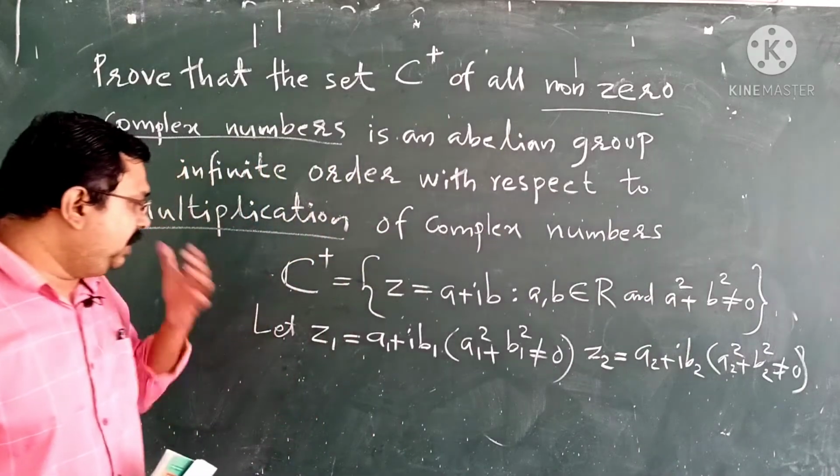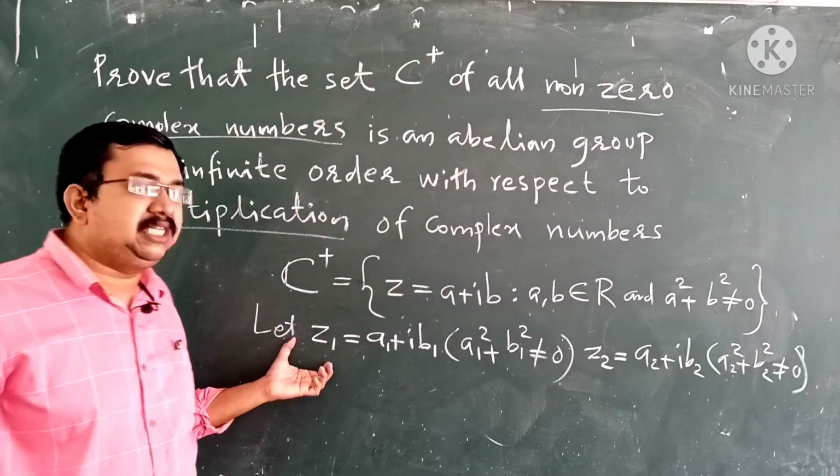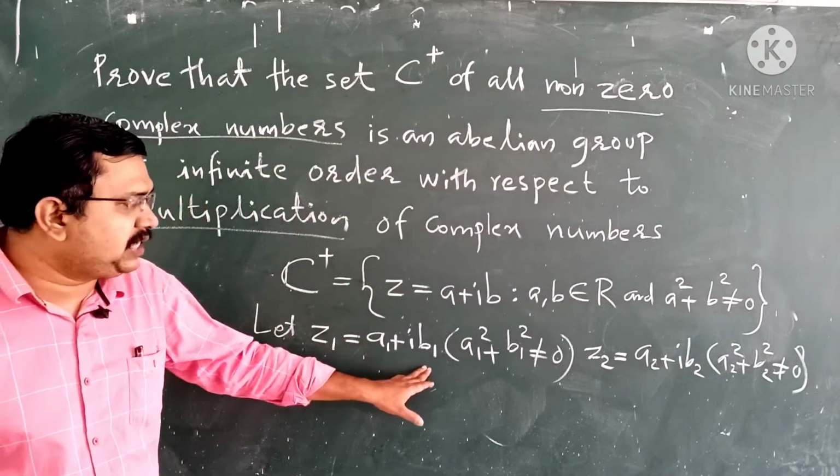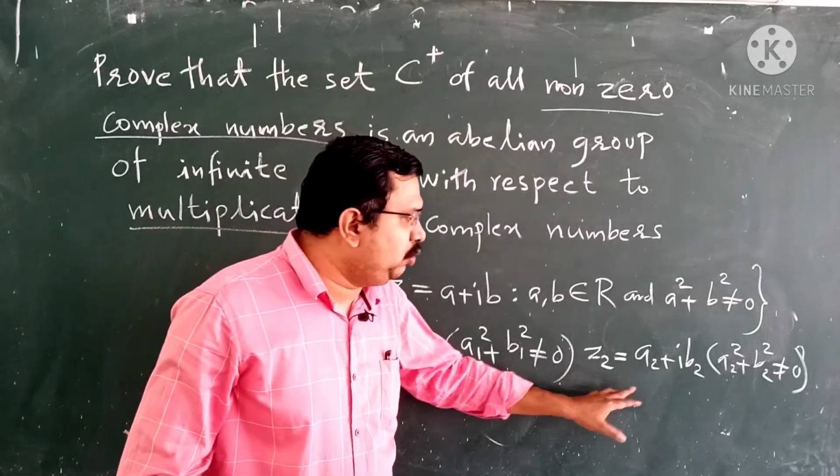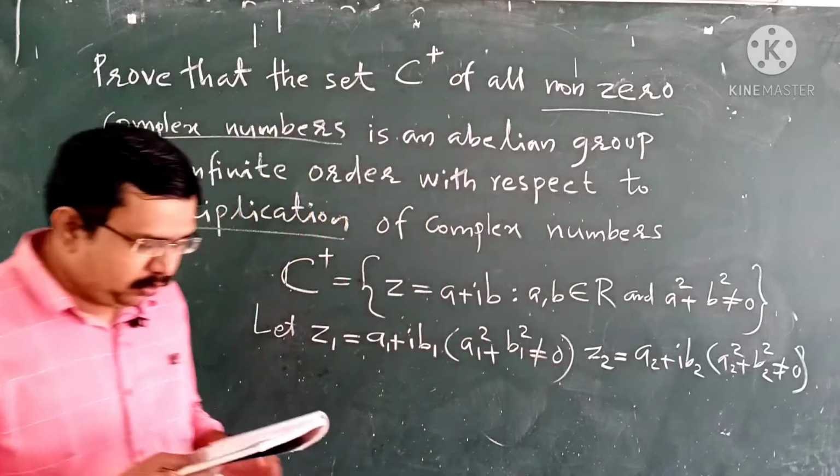We are defining two complex numbers: the first one is Z1, that is A1 plus IB1, and Z2, A2 plus IB2.